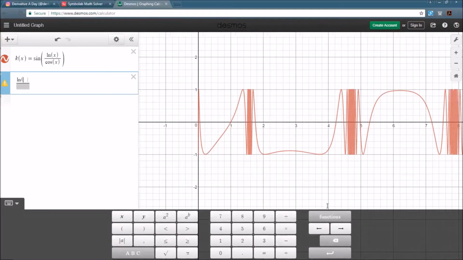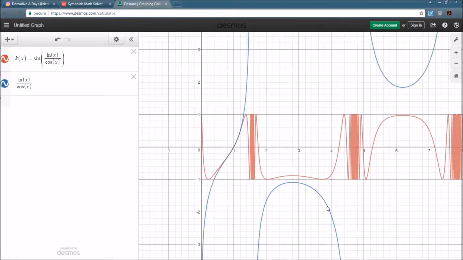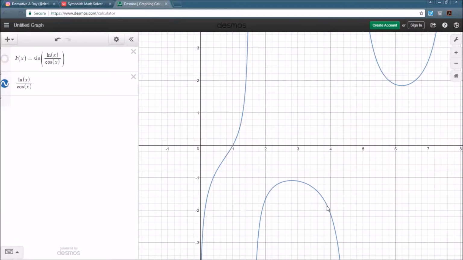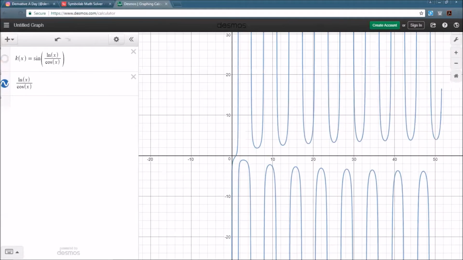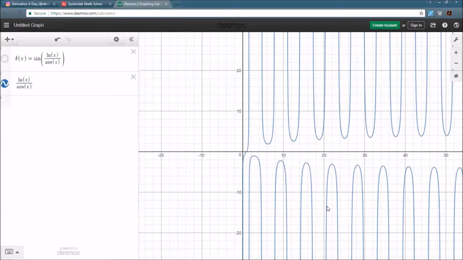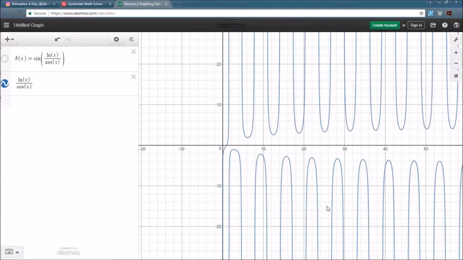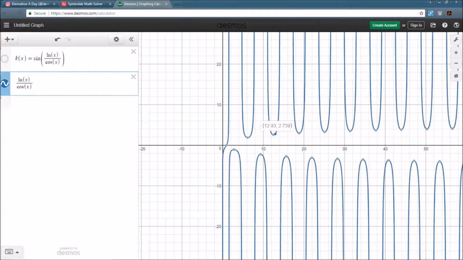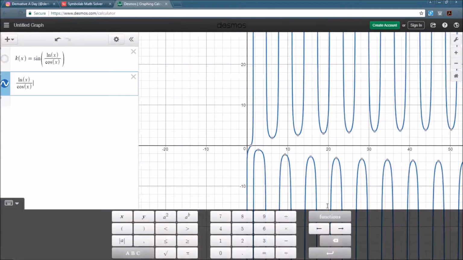Let's just have a look at what log x over cos x looks like. Let's just make that invisible. Wow. All right. So you can see that the cosine of x down the bottom actually causes the logarithmic function to be repeated here, which is insane in both directions.